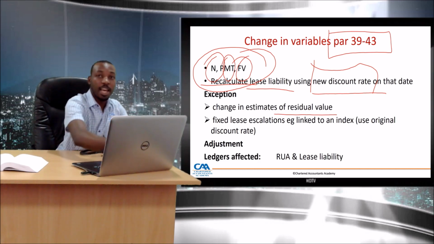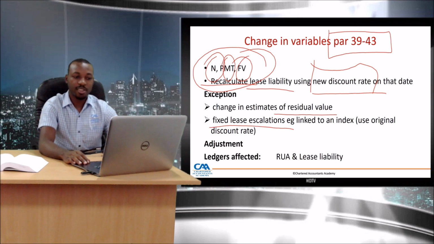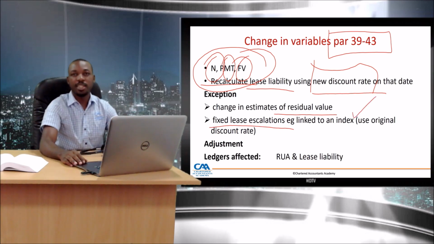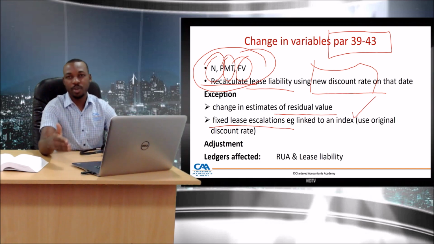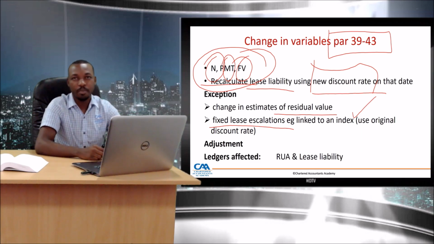Or if it's a change in the PMT, but as a result of a fixed lease escalation. The one, for example, which is linked to the index, which we found on paragraph 27B. If it is that kind of change, then you simply go back to use of the original discount rate.